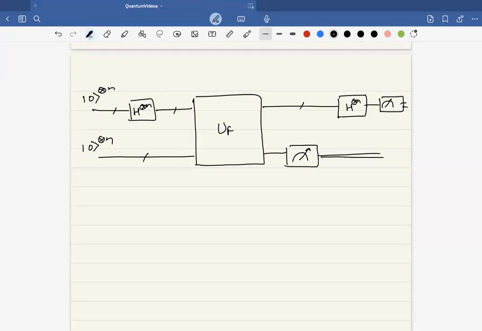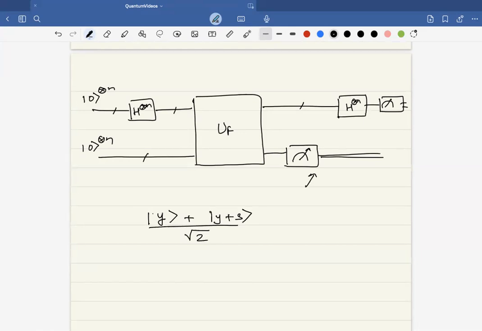So recall, after this measurement in the Simon's algorithm, we get some vector that looks like this: (|y> plus |y plus s>) over square root of 2.